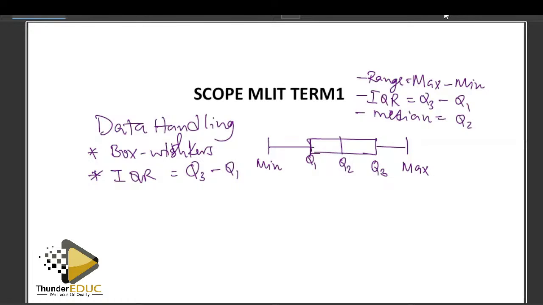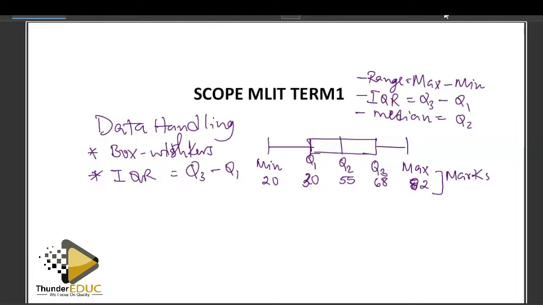For example, the minimum here is 30, the median could be 55, Q3 could be 68, and the maximum could be 82. Let's say these were marks obtained by learners in a test, out of 100%.